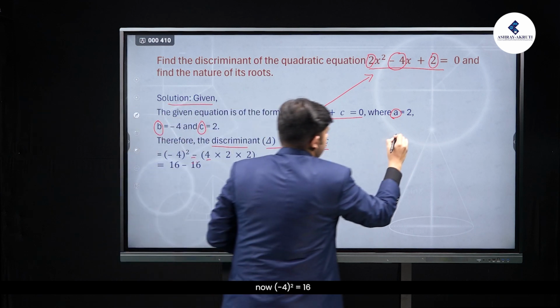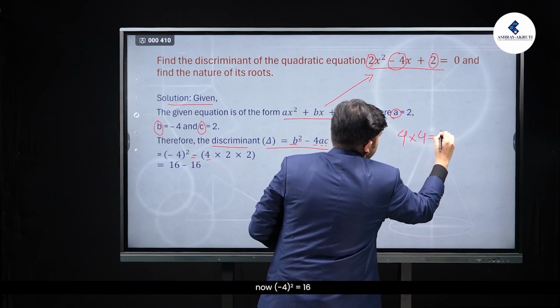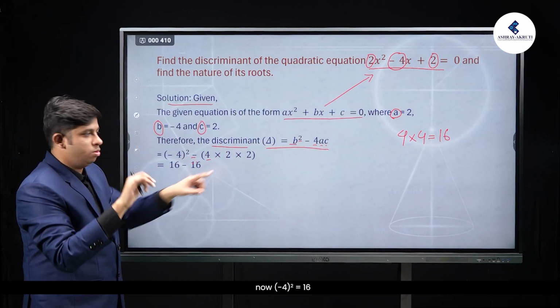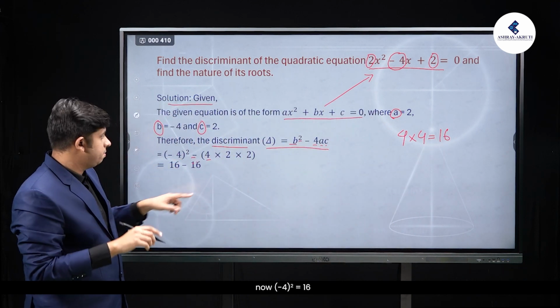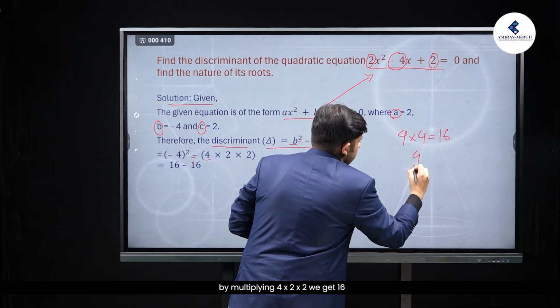Now minus 4 whole square is equal to 16. By multiplying 4 into 2 into 2, we get 16.